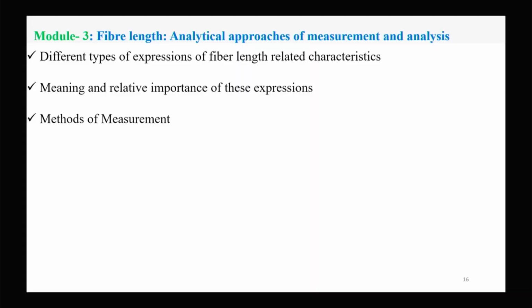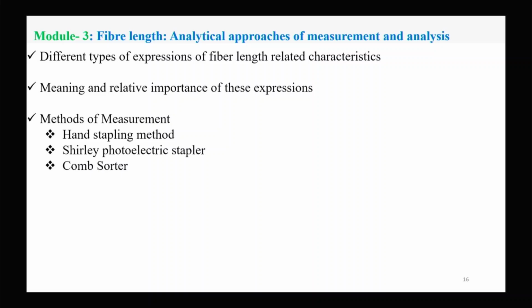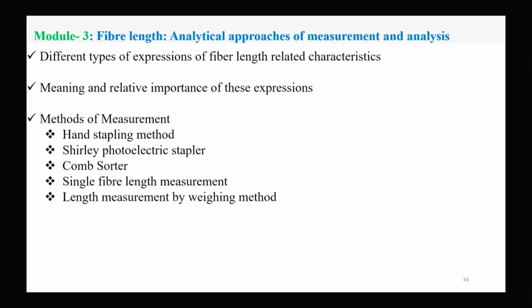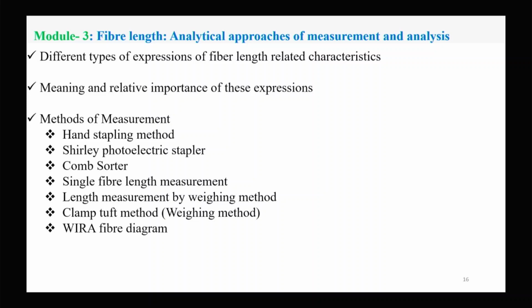Methods of measurement we will just touch upon. We will not go into detail on the methods of measurement, like the hand stapling method, Shirley photoelectric stapler, comb sorter, single fiber length measurement, length measurement by weighing method, clamped tapped method, fiber length diagram for wool, and the fibrogram method.